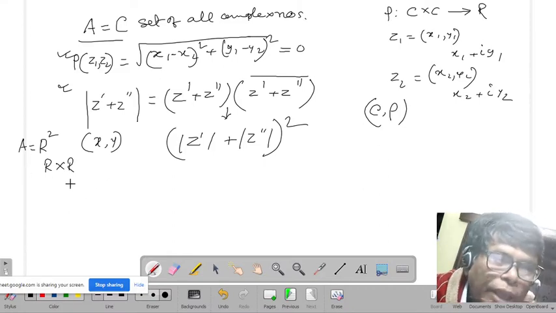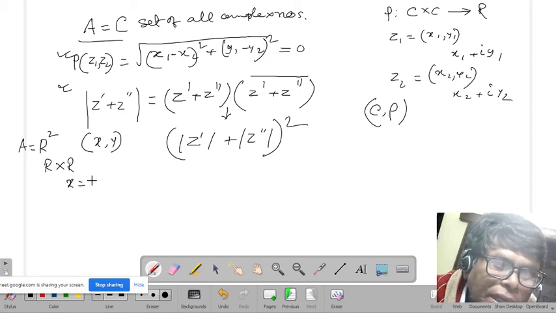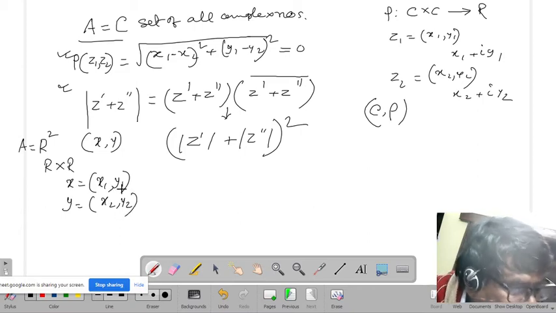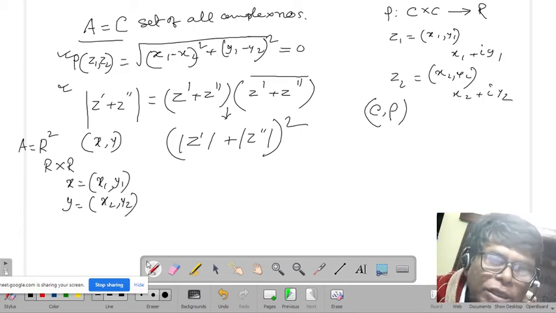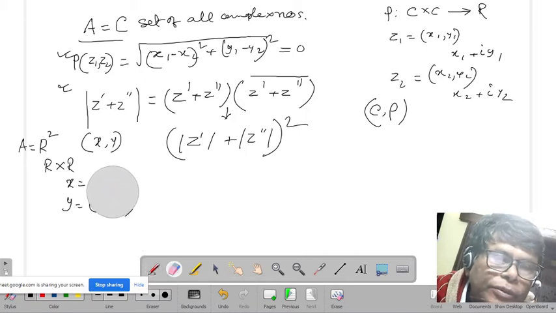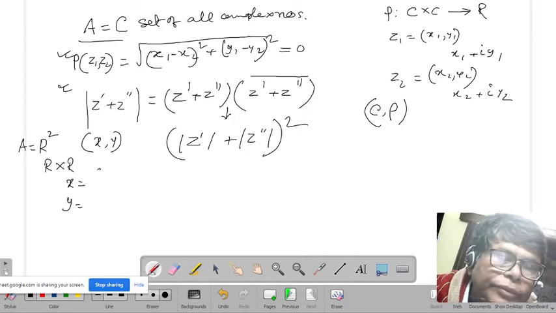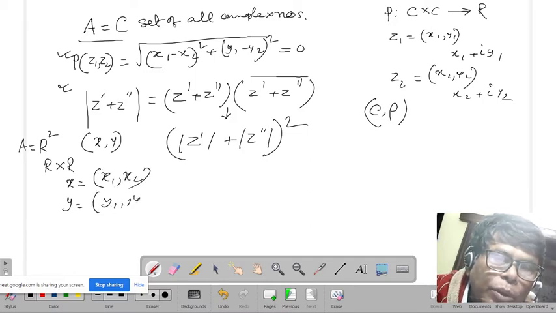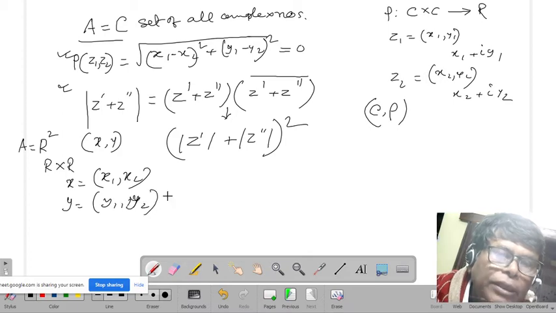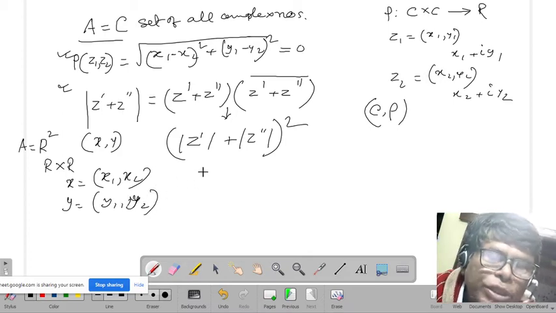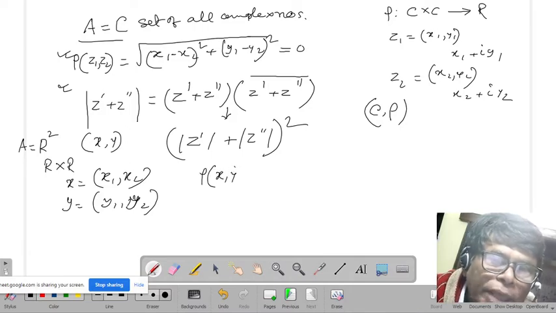So x is written in a two number system as x1 x2, and y is written as y1 y2. Now if this happens, we have to first choose rho of xy.